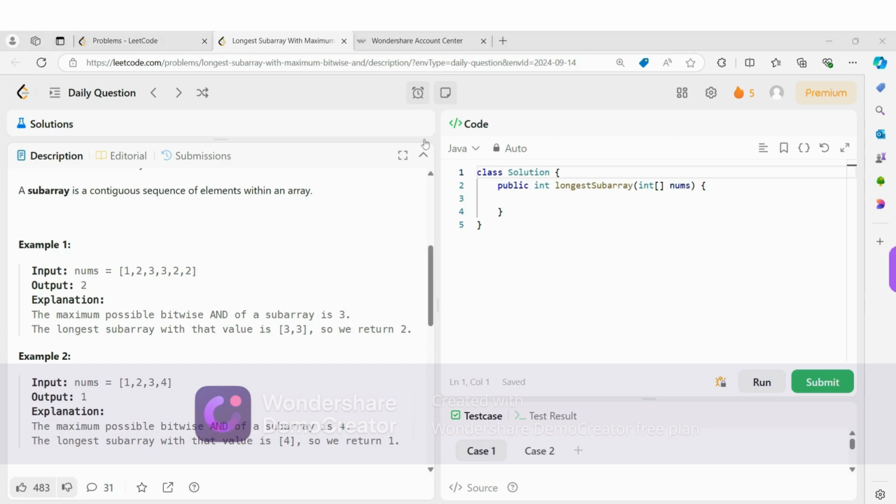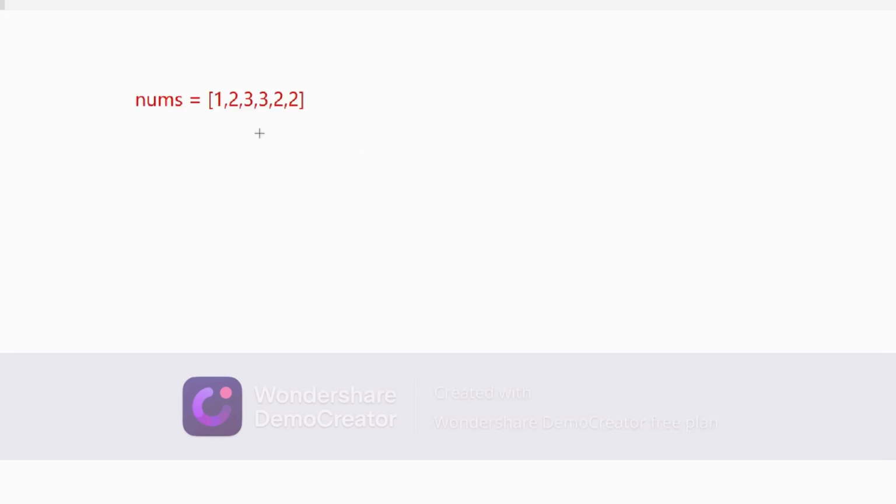Okay, so for example, we are given this array, right? We have to find the subarray which will produce the maximum bitwise AND value. See here, there are so many subarrays.